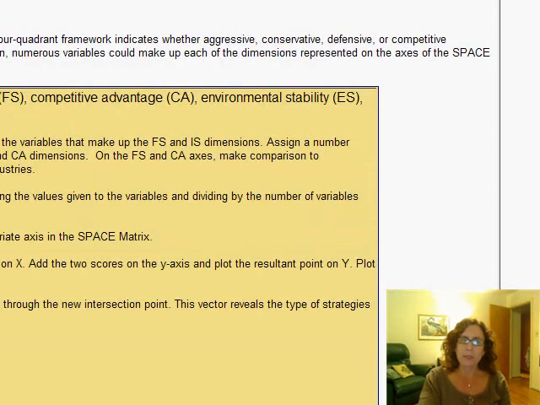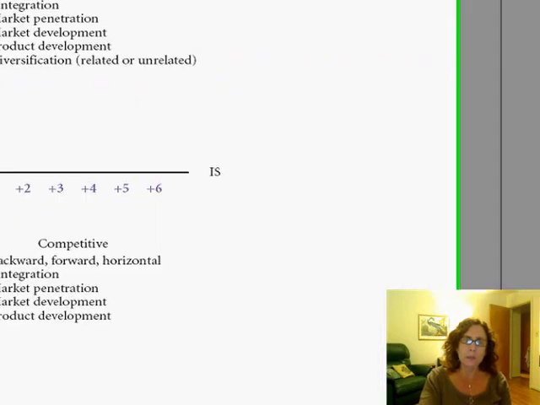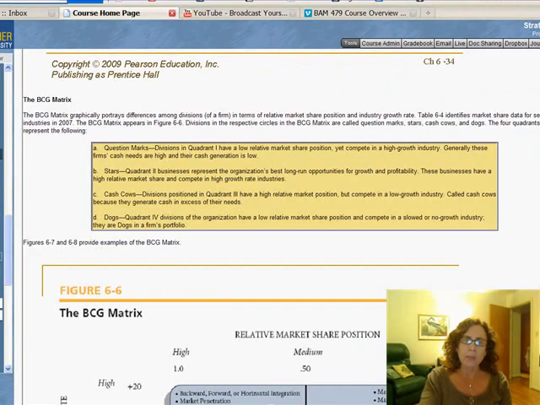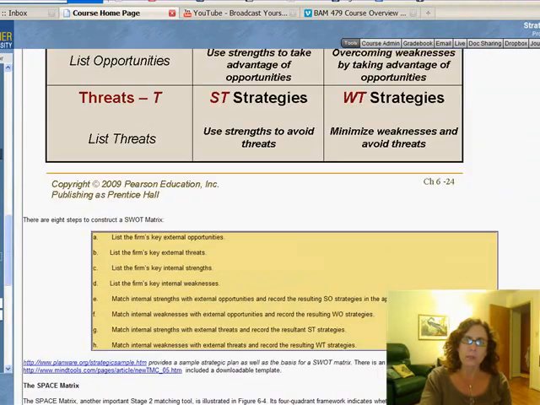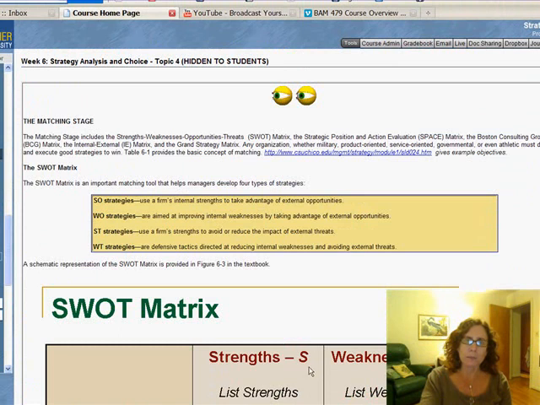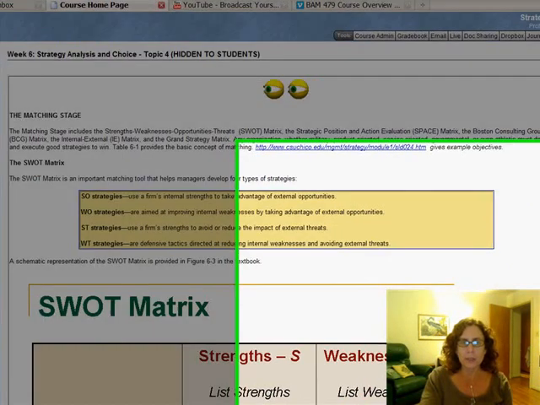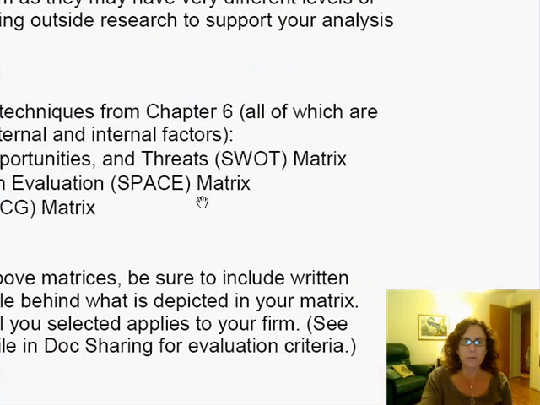But as I say, in this week 6 lecture and in any of the matching techniques that are covered in chapter 6 and week 6, you are free to use those for the matching techniques section of this paper.